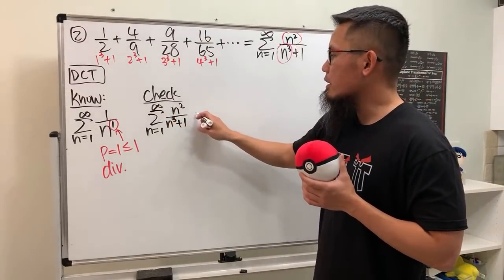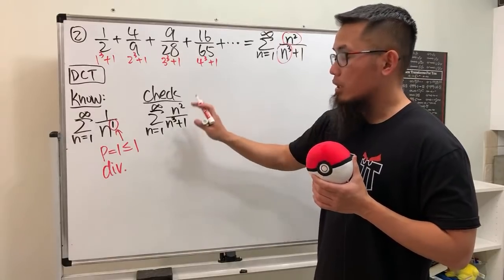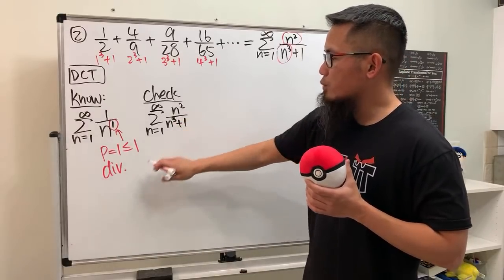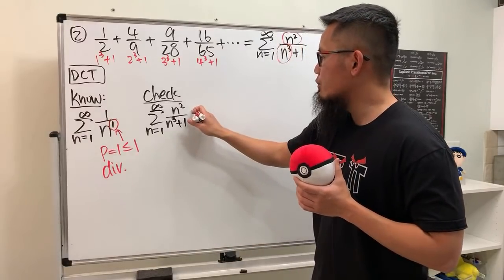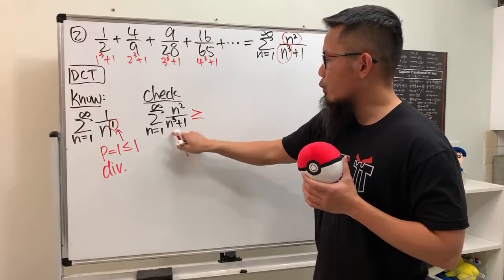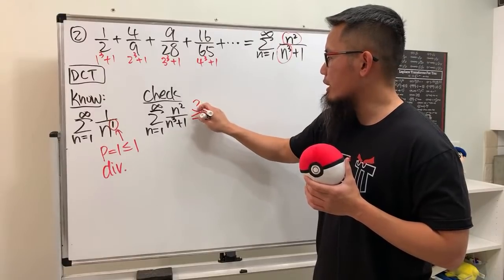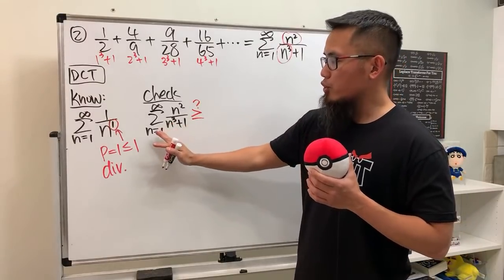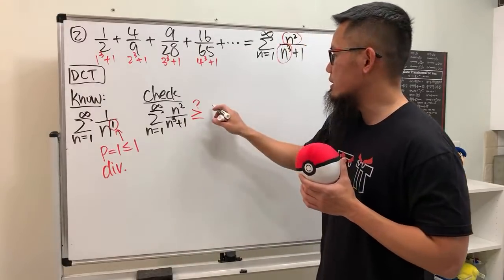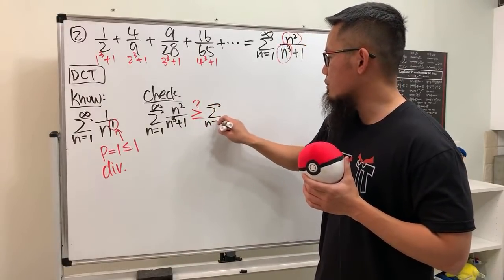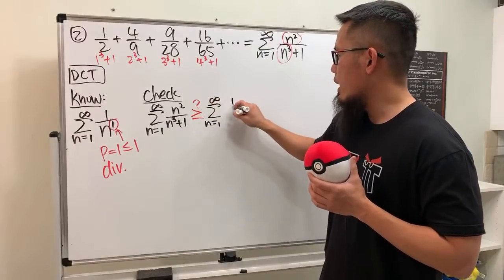And we are going to see, well, this right here, because we have a divergent, remember, we have to show that this right here is greater than or equal to a divergent that we know, which is the series as n goes from 1 to infinity, 1 over n.